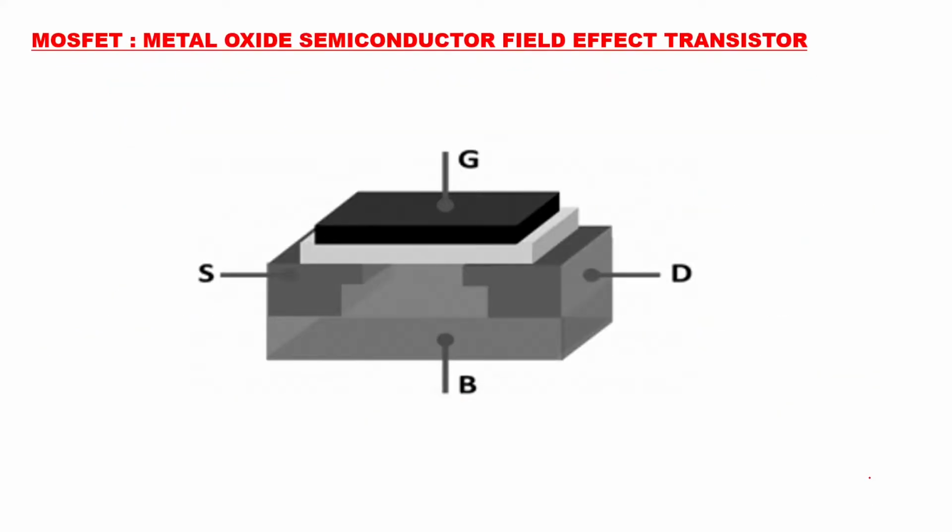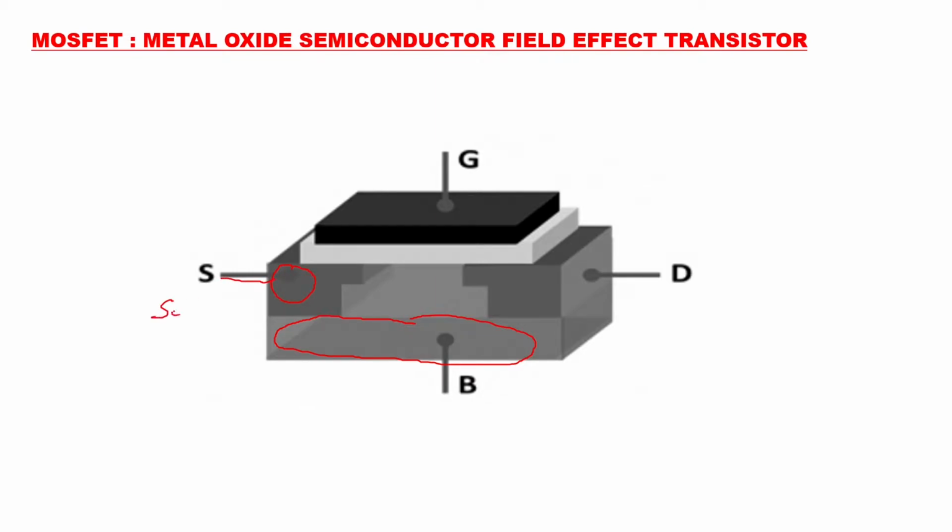Then if you see the structure of a MOSFET, here you will have a body down here. This is the body, which will be a lightly doped p-type or n-type semiconductor. Now in that body you induce a highly doped opposite type of semiconductor here, which will be taken as source.